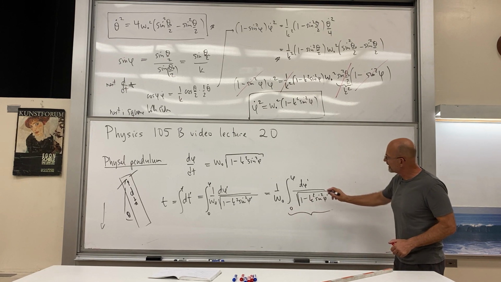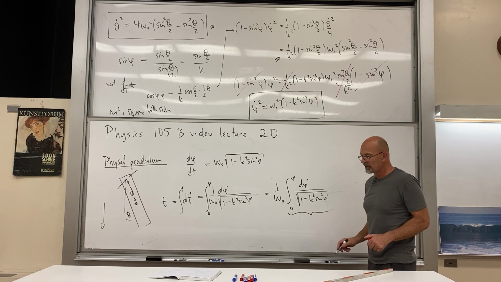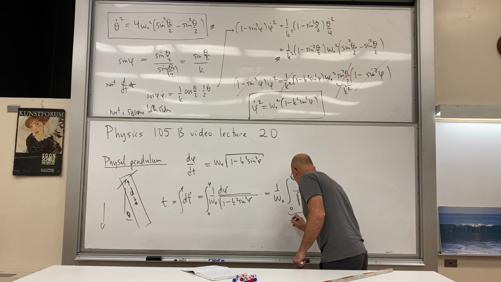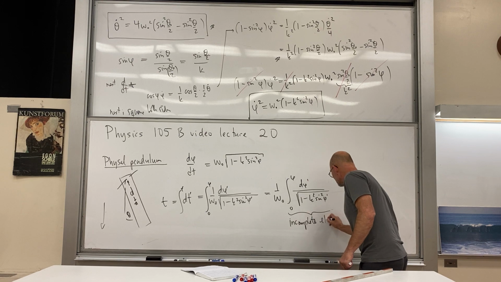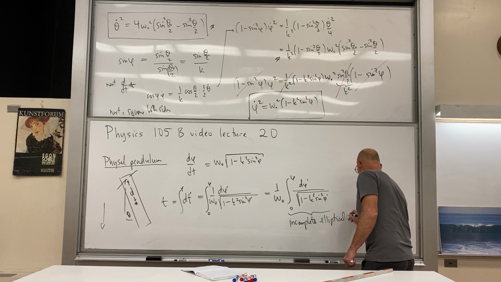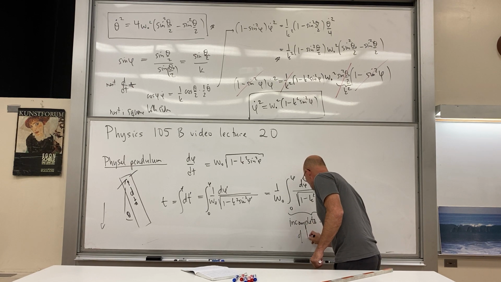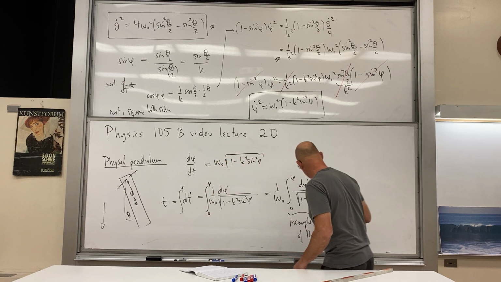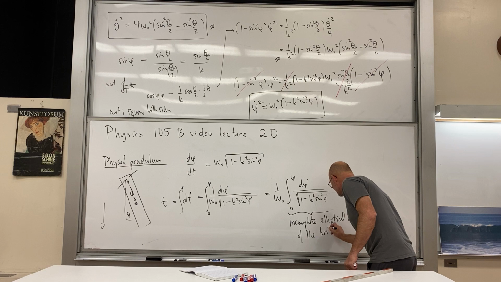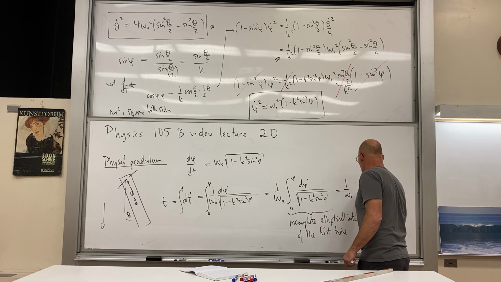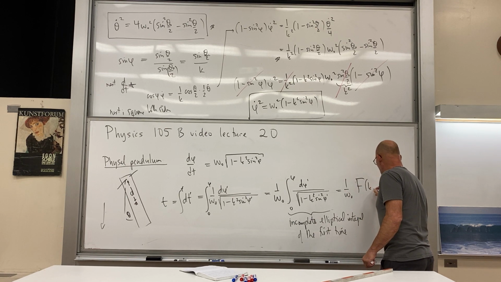So this is an elliptic integral, and it is the incomplete elliptical integral of the first kind. And what letters are we going to call it? F of k and phi. First kind. So this is its title. These things are functions. 1 over omega naught f of k and phi.